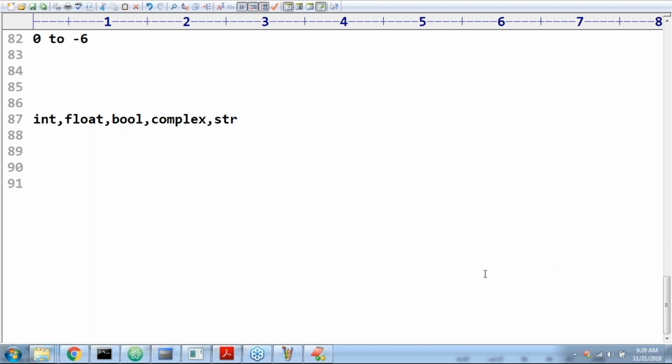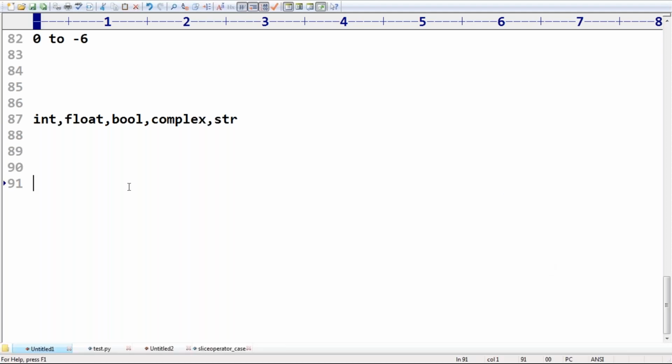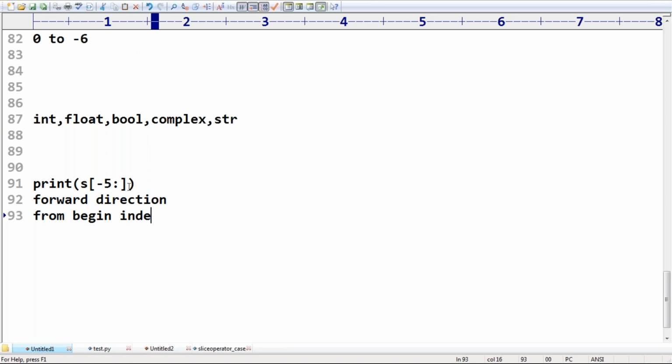So we are not coming out from the slice operator, it seems. Everyone having doubts? Yes, sir. Minus 5 colon. What will happen? It is the forward direction, from begin index to end minus 1 index.